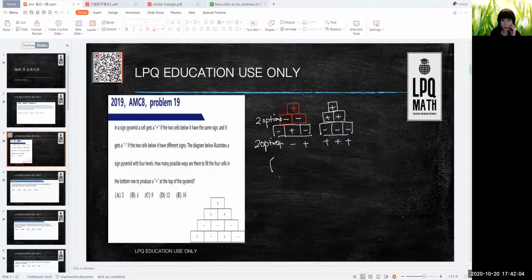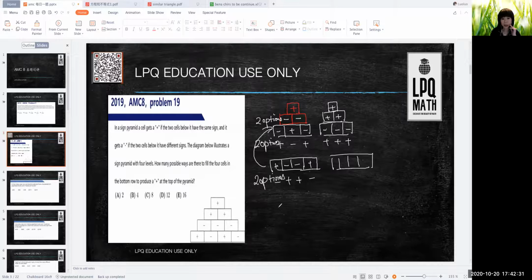And in the fourth layer, we have positive, negative, negative, positive, right? Also, we can have negative, positive, positive, negative. So for every layer, you also have 2 options.